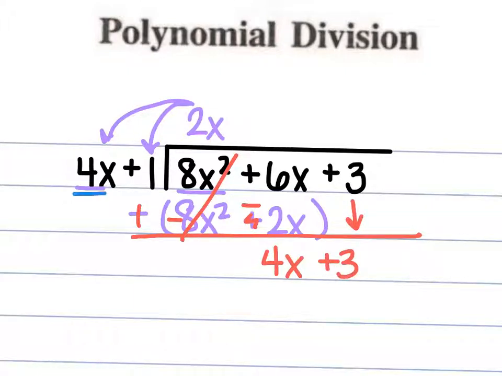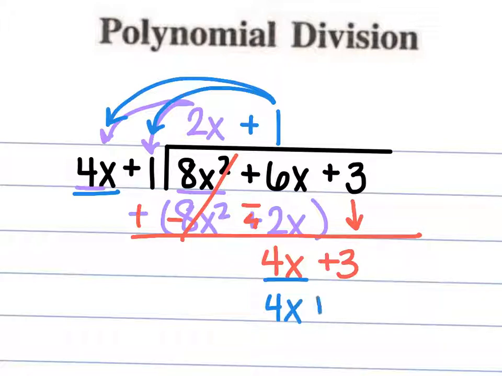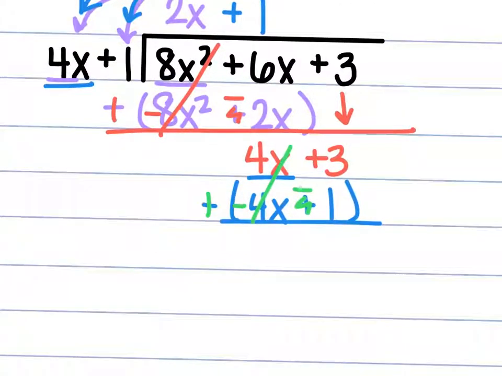So from here, I'm going to say what times the 4x is 4x? It's a 1. So I'm going to multiply the 1 by the 4x and the 1 to get me 4x plus 1. I'm going to subtract these two. Remember, subtraction is the same thing as adding the opposites. The 4x's cancel, and the 3 minus 1 is 2.